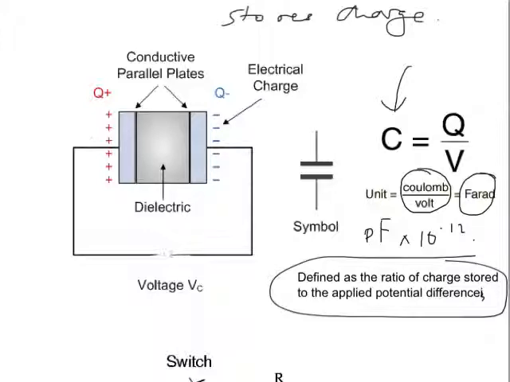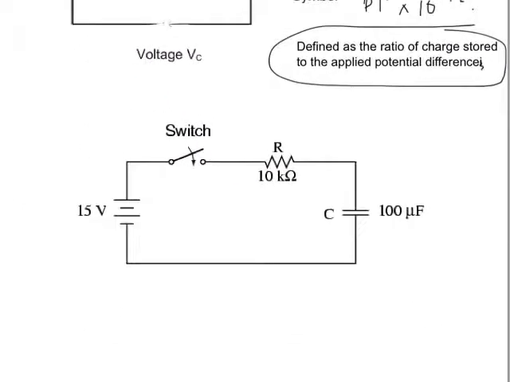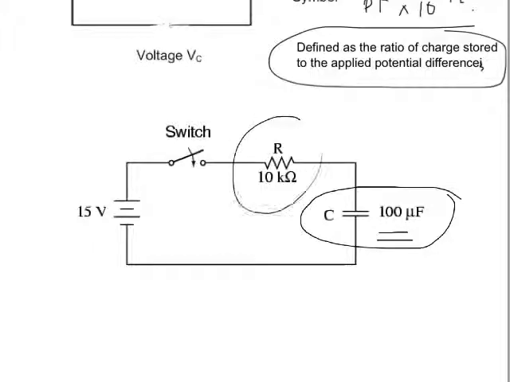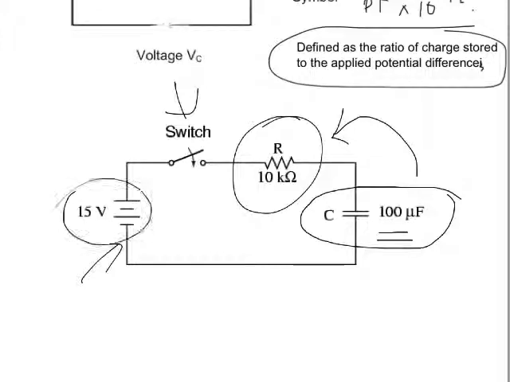And just to clear it up again, if we have a look in a circuit, you usually have a capacitor with some capacitance stated, a resistor in the circuit through which the capacitor can discharge, a switch, and there may or may not be a power supply.